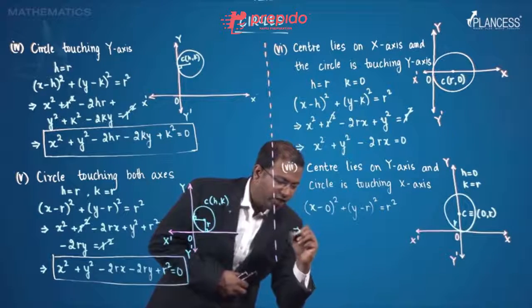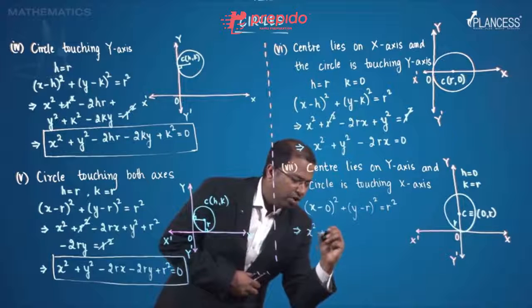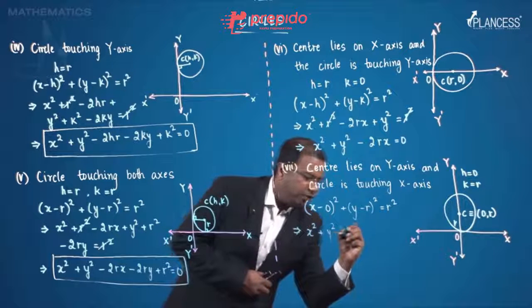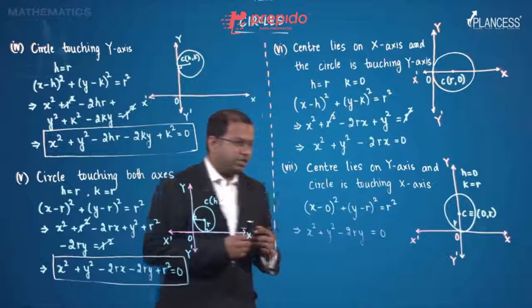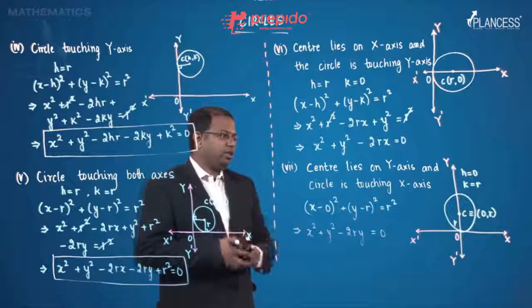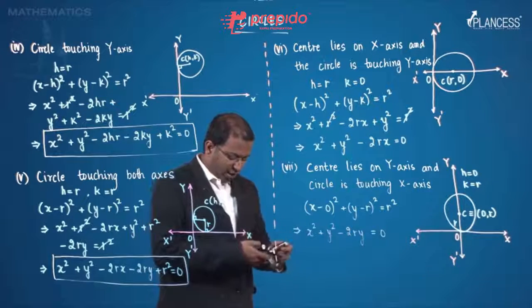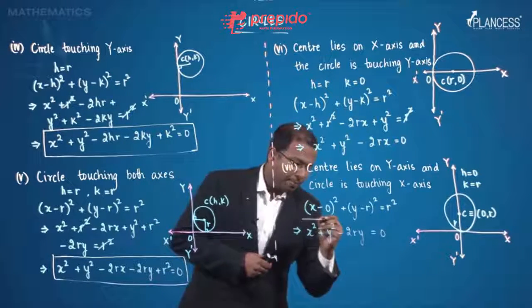Now here we get x square plus y square minus 2ry equal to 0. So this is the case when the circle is touching the x-axis.